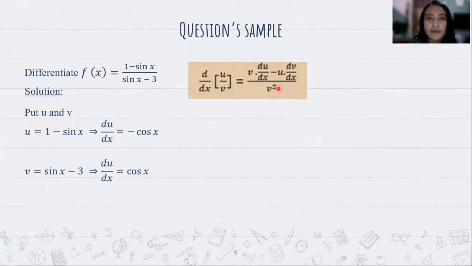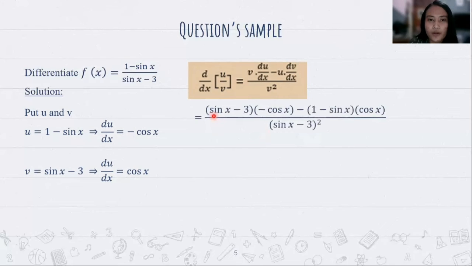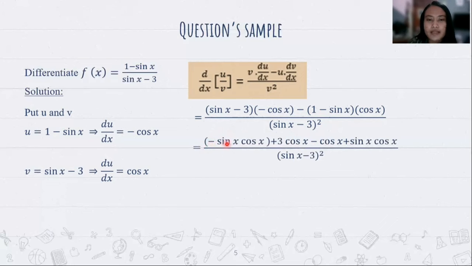After that, we substitute u, v, du over dx and dv over dx: equals (sine x minus 3) multiplied by minus cosine x minus (1 minus sine x) multiplied by cosine x, over (sine x minus 3) squared, which equals minus sine x cosine x plus 3 cosine x minus cosine x plus sine x cosine x, over (sine x minus 3) squared.